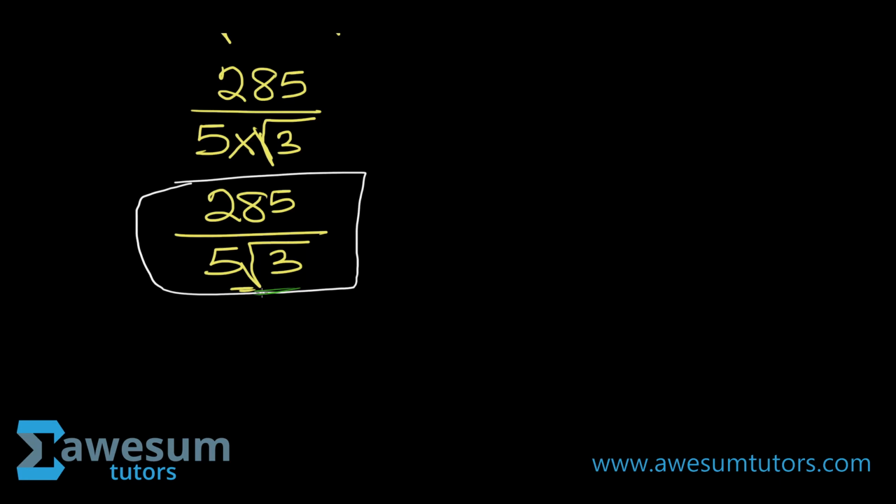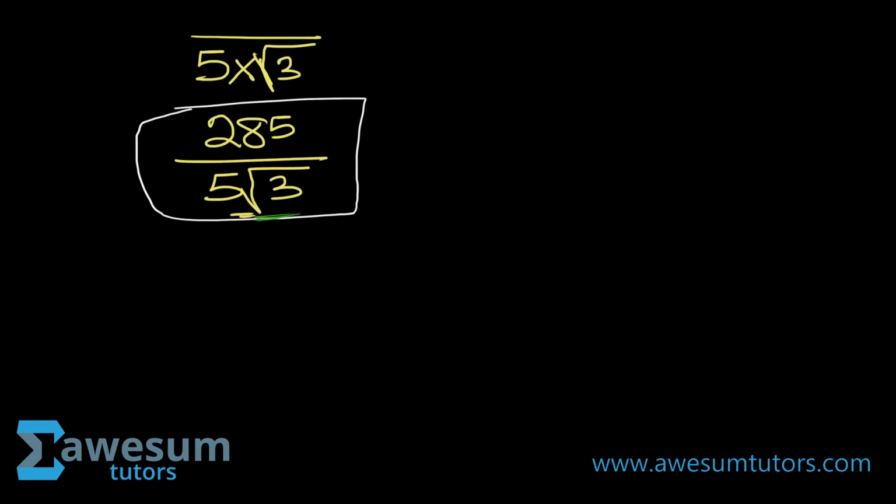Because it must not be in the root form, what you need to do is what we call rationalization of the denominator. Okay, so now we need to rationalize the denominator.